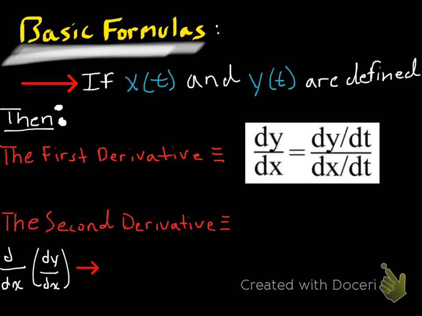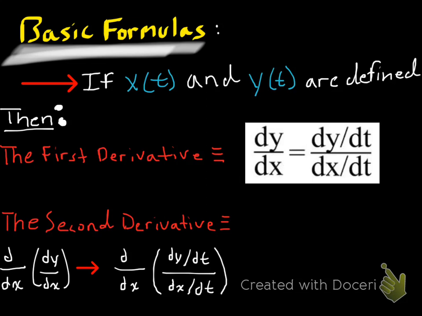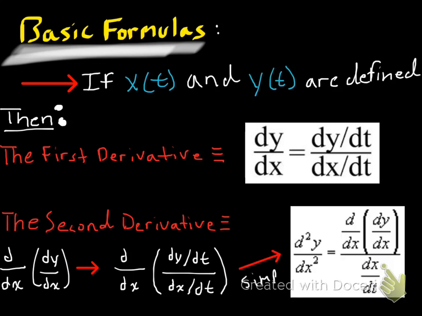That is simply dy/dx derived, and in terms of parametrics that simplifies to the derivative of dy/dt over dx/dt, because that's simply substituting the equation above in for dy/dx. And finally, doing complete simplification, what we get is that the second derivative is equal to the derivative of dy/dx with respect to t, divided by dx/dt.